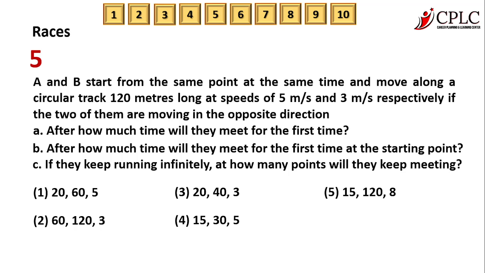The first one is the time taken for the first meeting. The second one is after how much time they will meet for the first time at the starting point, which is very, very important to understand. And lastly, if they keep running infinitely, how many points will they keep meeting.